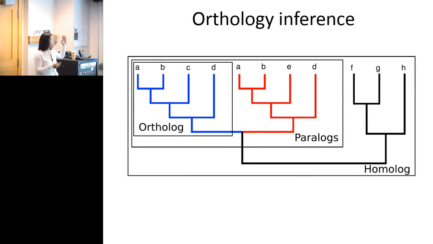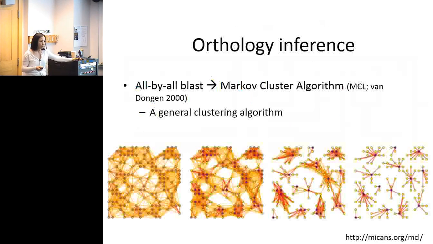So this is how I do ortholog inference, using this kind of framework. The first step is large-scale homology inference. I start with the all-by-all BLAST and Markov clustering methods. Basically, this is my all-by-all BLAST results.